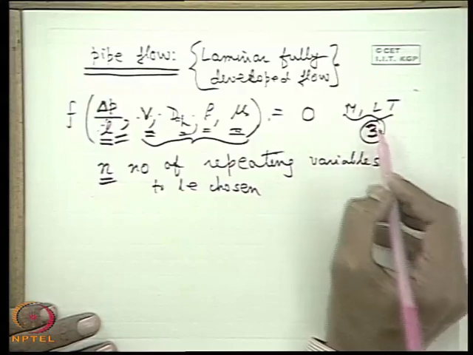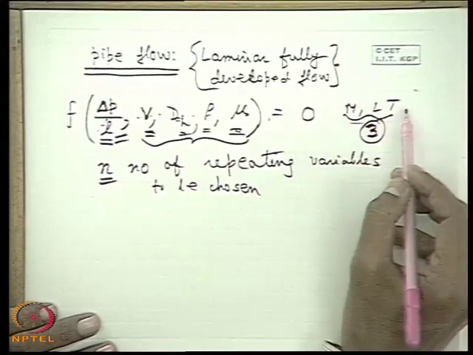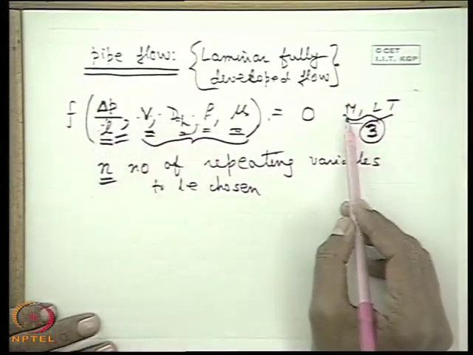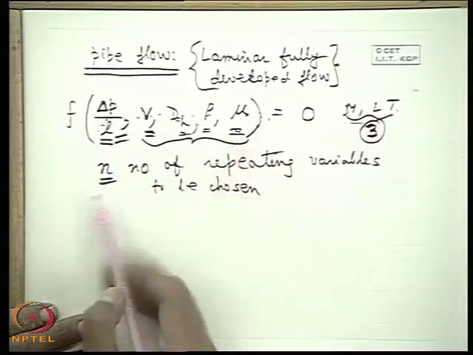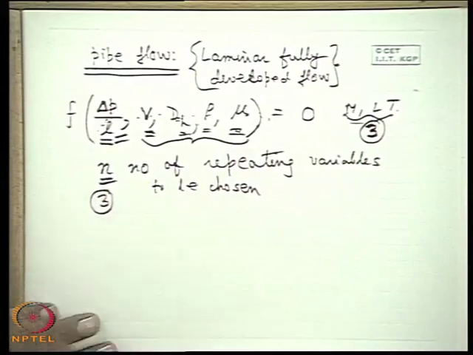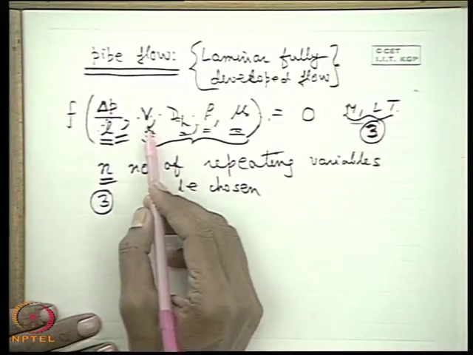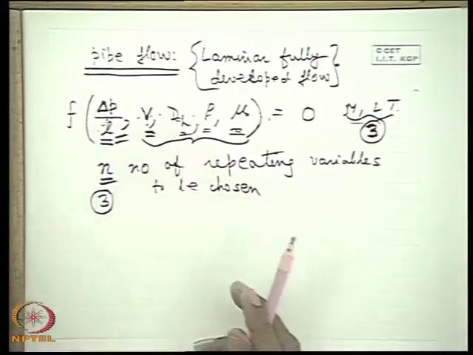Though in general physics the fundamental dimensions are more than that, in this problem we require only 3 fundamental dimensions, mass, length and time, to discuss the problem. So we choose 3 repeating variables. Let us first choose V, dH and rho.